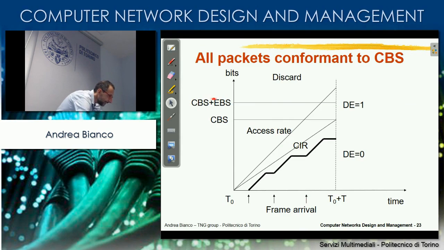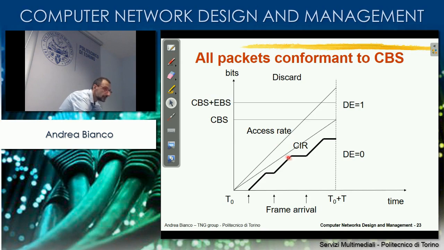What else we have? We have here the amount of bits sent for this virtual circuit, for this DLCI. The amount of bits sent increases with the access rate because we send each packet at the access link speed, correct? So when we serve packets here, this is the packet arrival, we start serving it now, this line is parallel to the access rate link, because we are sending that packet at the access rate, correct? When we send the packet, we send at the transmitter rate.